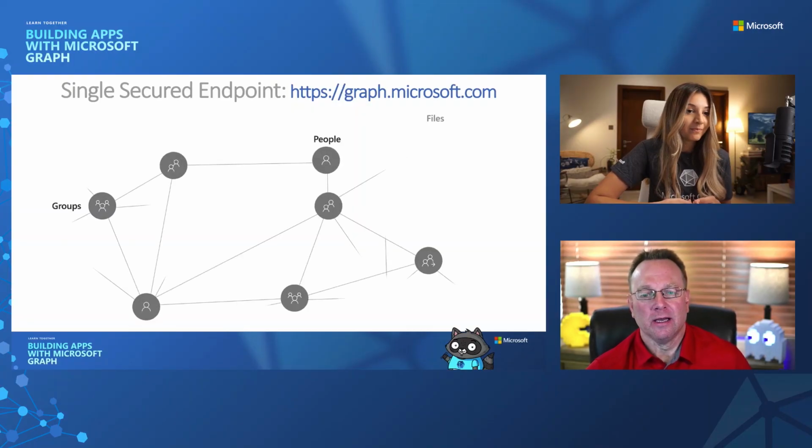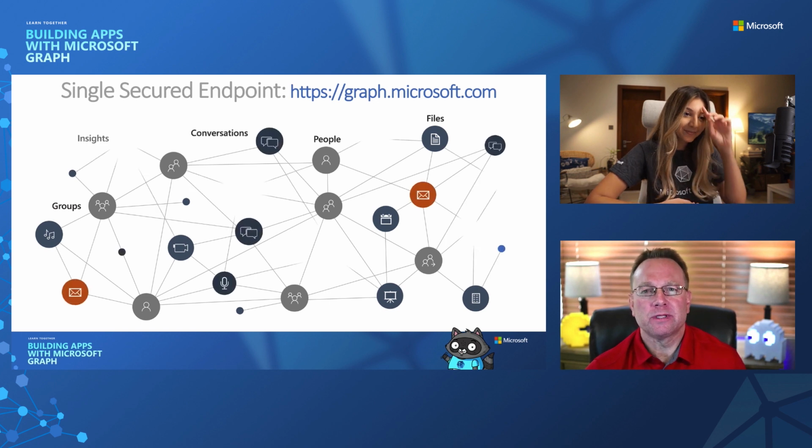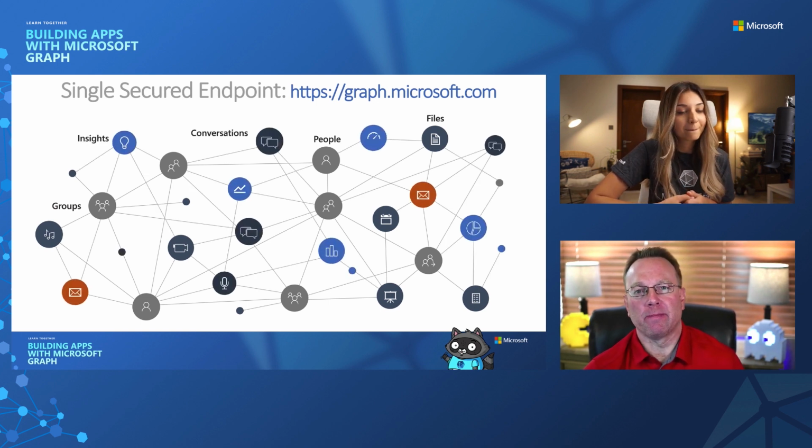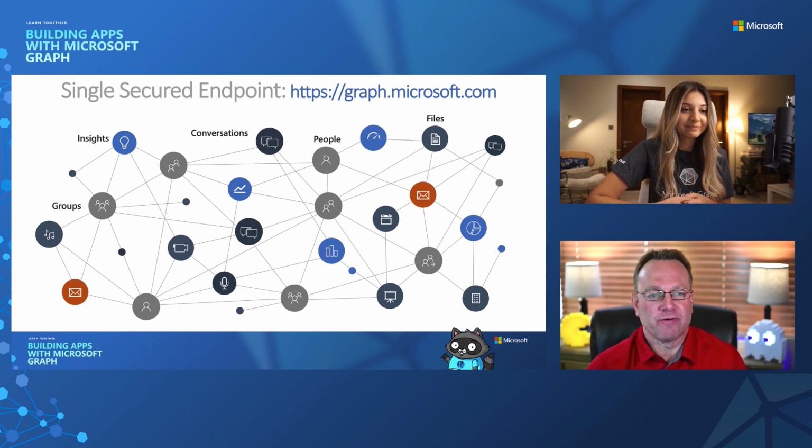Excellent. Okay. One of the problems, though, is we're worried about, does my development team have to learn this API and this API and this API? Or you did mention earlier that it's kind of a unified API. So if we want to get to all this data, how's that going to work? That's a great question. That's where Graph's power shines due to a single secured endpoint.